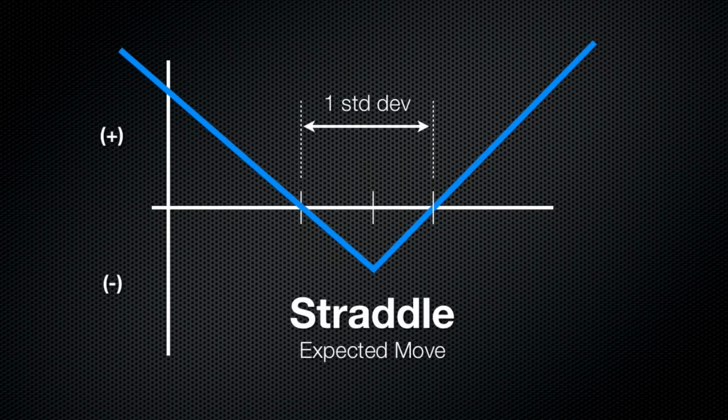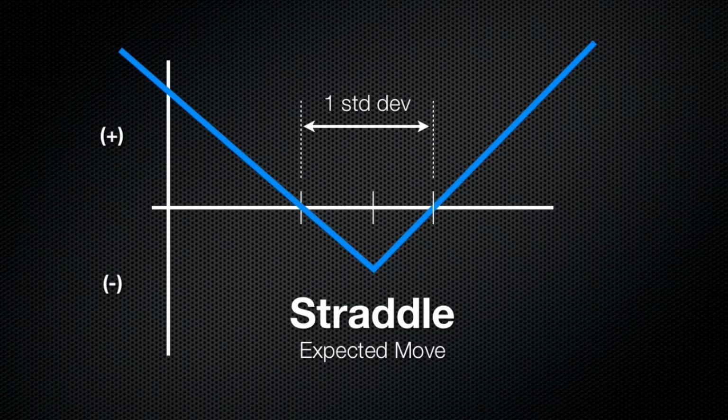And this is going to be really important when we put on trades, like for instance in earnings, right? Because when the market is coming up to earnings, you can use the straddle to figure out what is the expected move that the market thinks the possibilities of earnings could produce. And usually the market is right, I'd say probably 80% of the time. So you can be pretty darn sure that the movement is going to be somewhere inside that straddle.